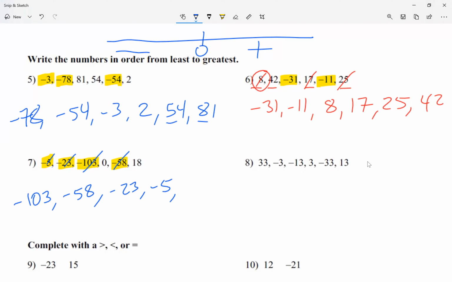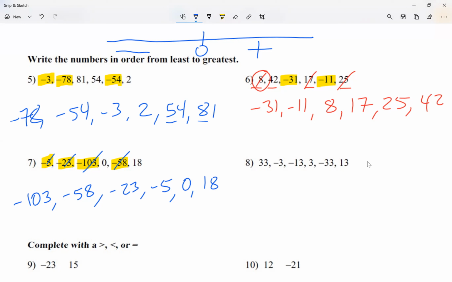Then I see, do I have a 0 on the list? Yep, I do. So I'm going to put my 0 there, and then positive 18. Remember that on the number line, 0 is what separates the negatives from the positives. The same thing when you're putting them in order. There's a 0 in between the negatives and the positives.